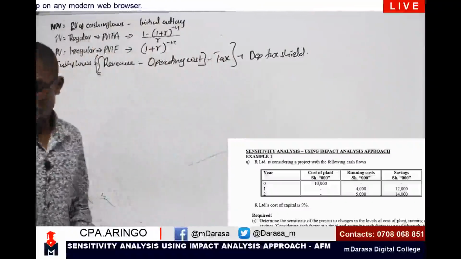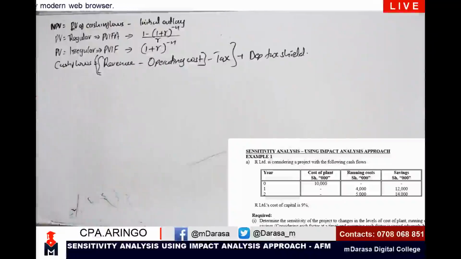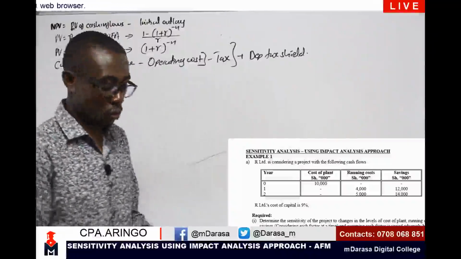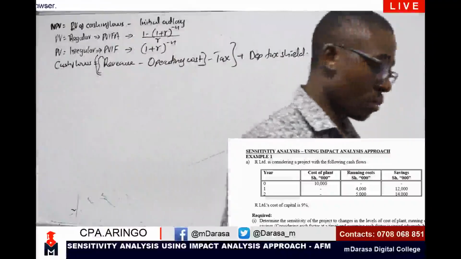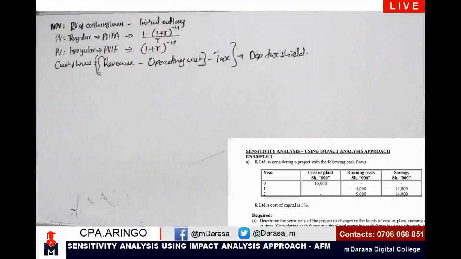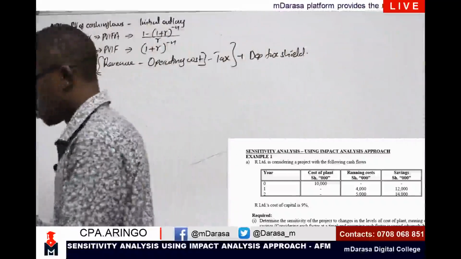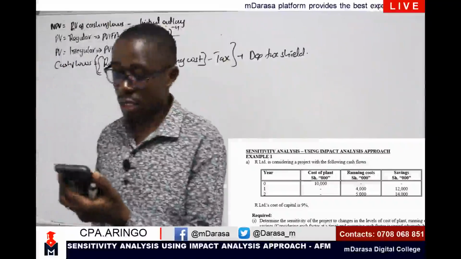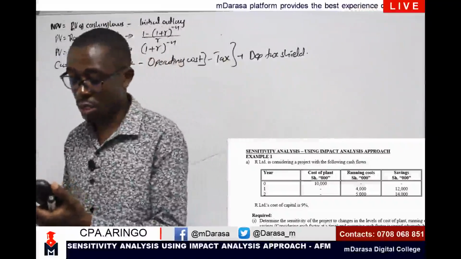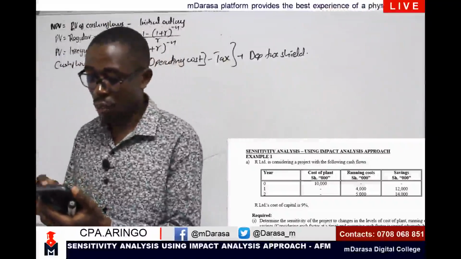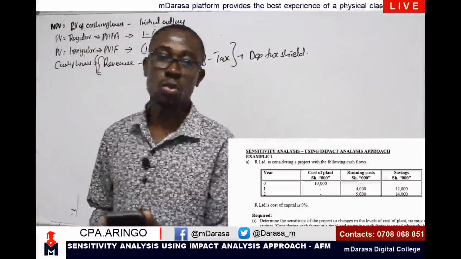In our case, if you check our cash flows, year 1 and year 2 are not the same, because I have a running cost of 4,000 in year 1 and 5,000 in year 2, whereas savings, which in this context is like our revenue, is also different.